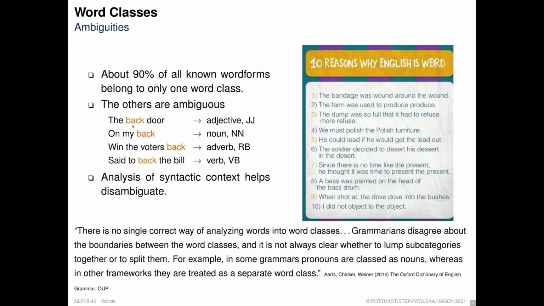The word back in the sentence, the back door, has a function of an adjective. On my back, here the word back is a noun. When the voters back, win back, now it's an adverb, it modifies the verb. And he said to back the bill. Back is here used as a verb. So the same word can belong to multiple classes.